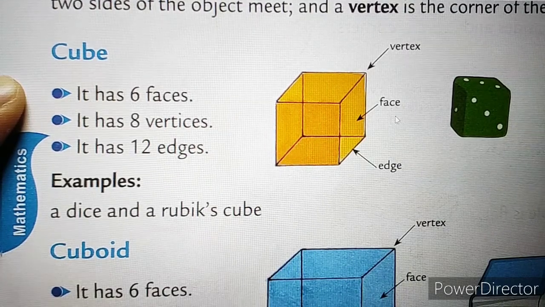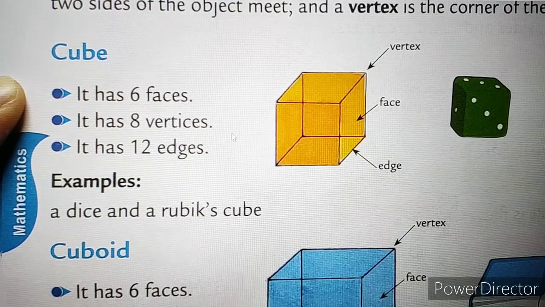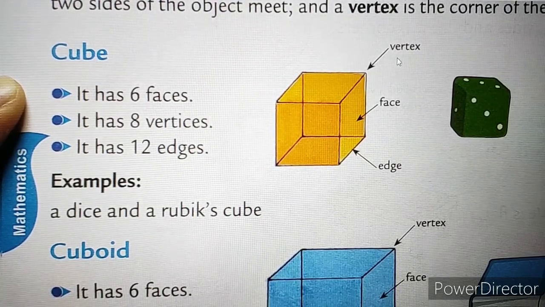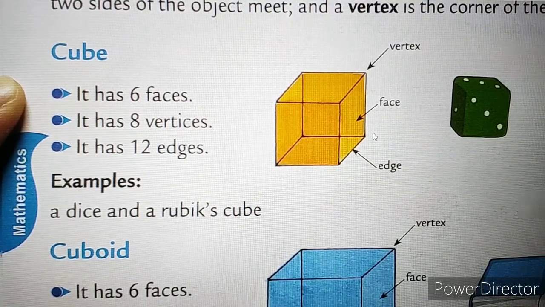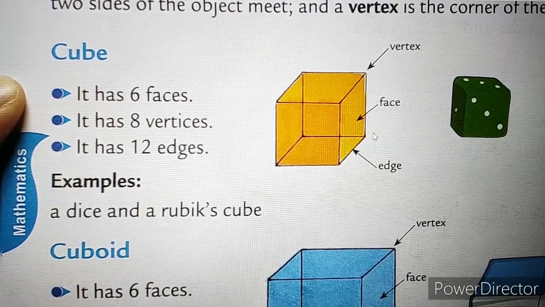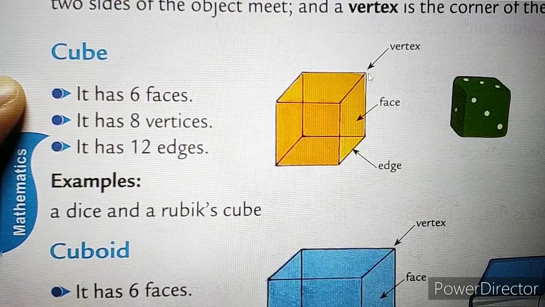So a cube has 6 faces, 8 vertices, meaning vertices. A single corner is called a vertex, and when we are talking about more than one corner, they are called vertices. So 1, 2, 3, 4, 5, 6, 7 and 8.